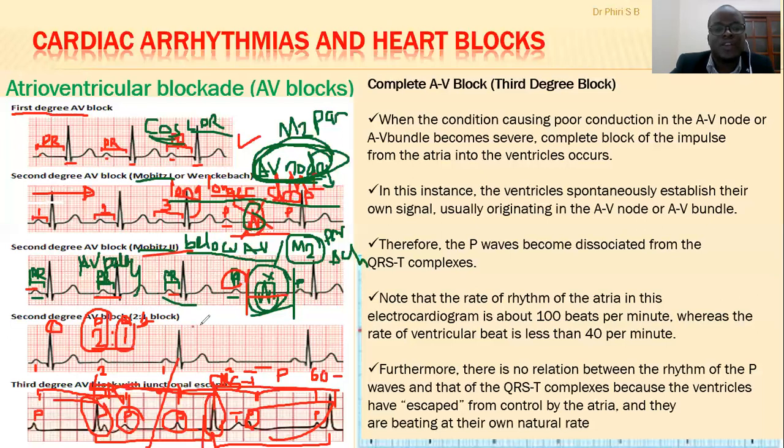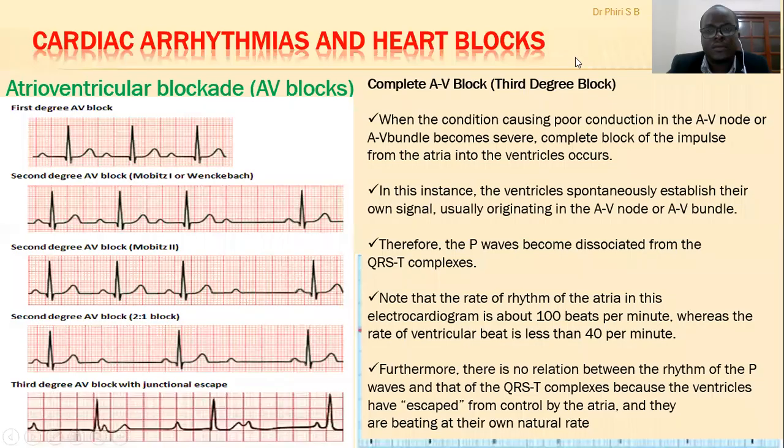Sometimes you can have a 3 to 2 second degree AV block, whereby you have 3 P waves with only 2 QRS complexes. So you can also classify in such a way. Okay, so we are done with AV blocks.